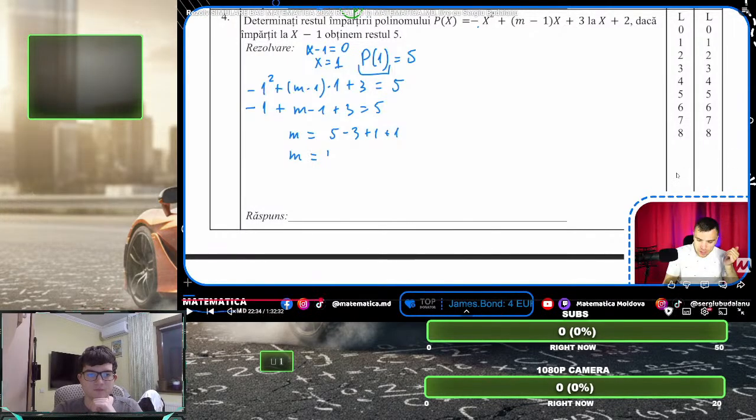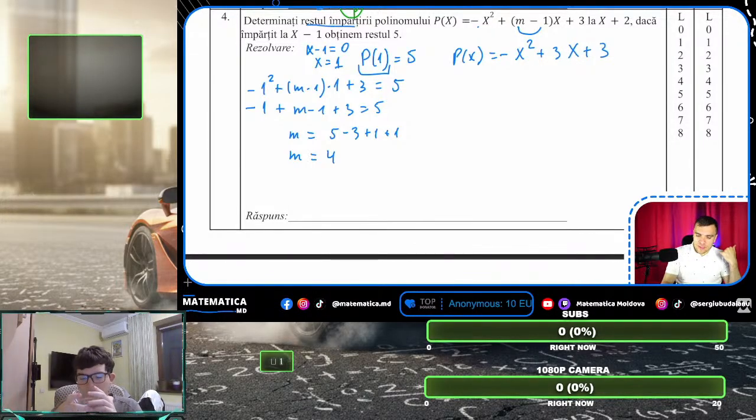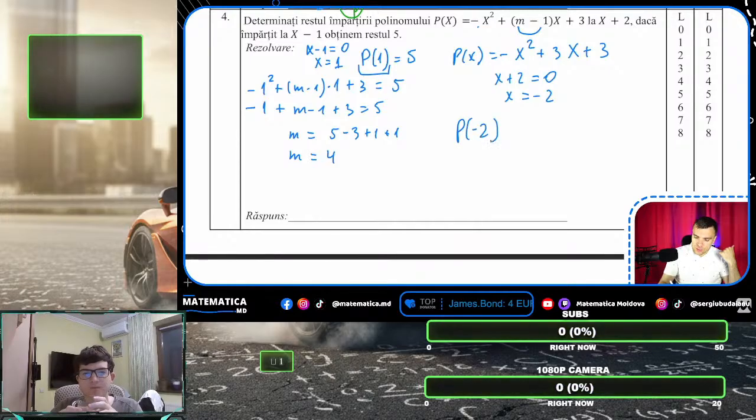So move that there, we got this, and M is going to be 4. M is 4. Knowing that, we're going to do what I said. We write down the thing, but now with an m plugged in. X plus 2 equals 0, x equals minus 2, do p of minus 2.